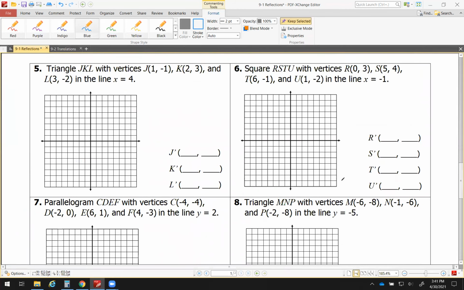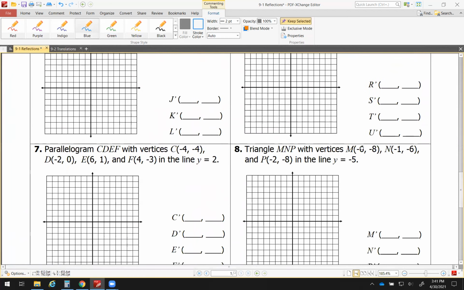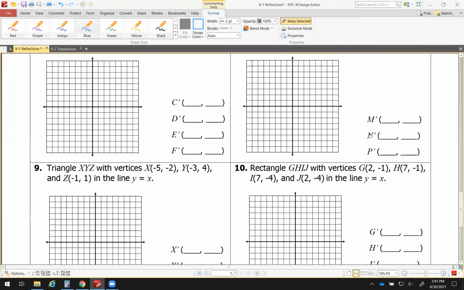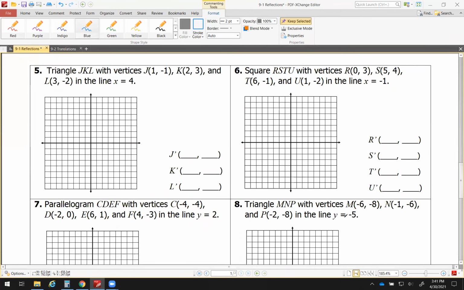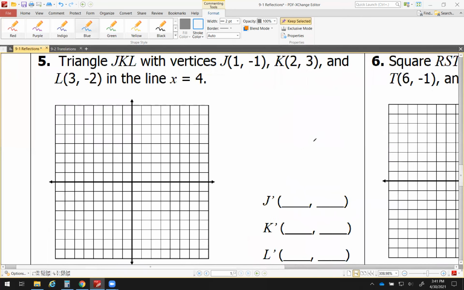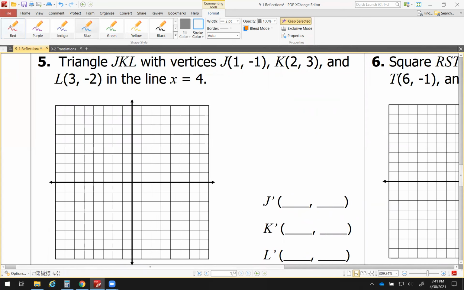Now, in class, we didn't do all of these examples. I think I did 5 and 7. No, I did 5, 6, and 7. I don't think I did 8, and then we'll do 9 and 11. So triangle JKL here, go back to red, has J at 1, -1, K at 2, 3, and L at 3, -2.